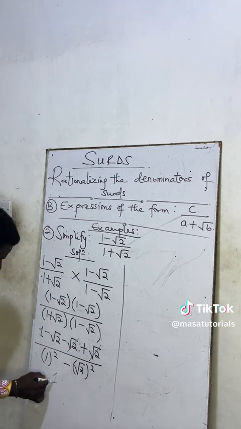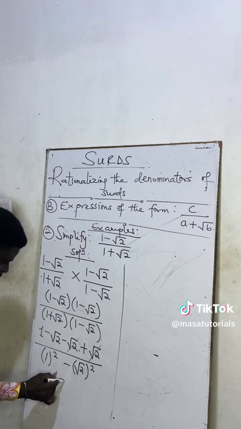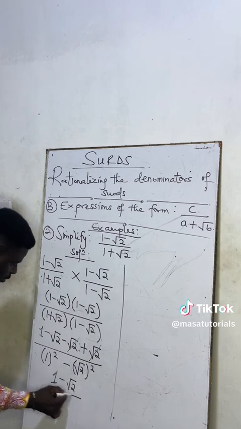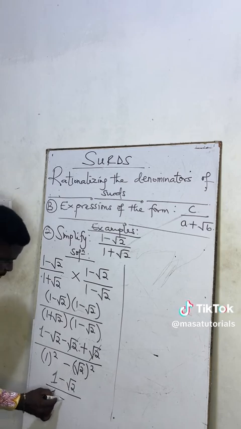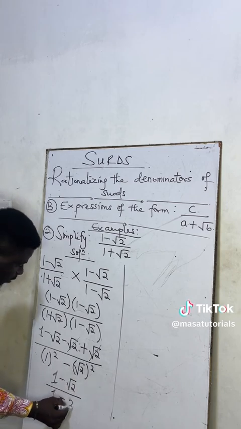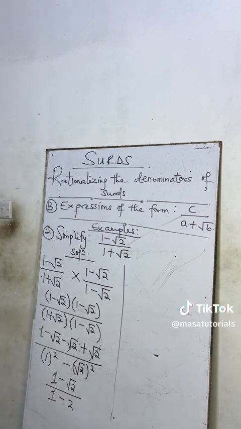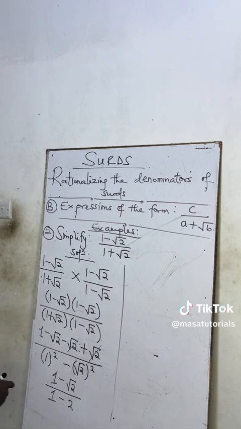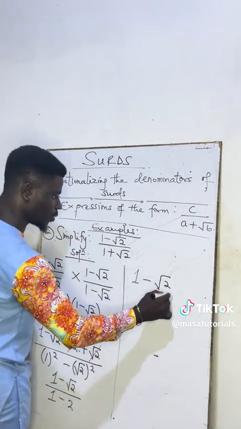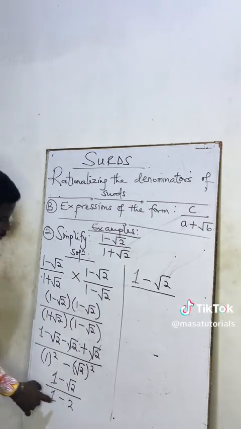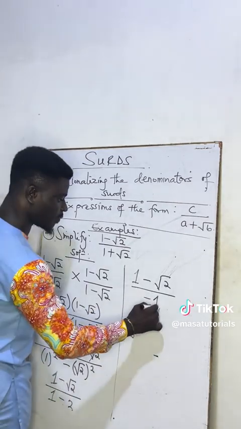So we have 1 minus square root of 2 all over 1 squared, which is 1, minus square root of 2 all squared, which is 2. Alright, we continue. Now, which is (1 minus square root of 2) all over (1 minus 2), which will give us negative 1.